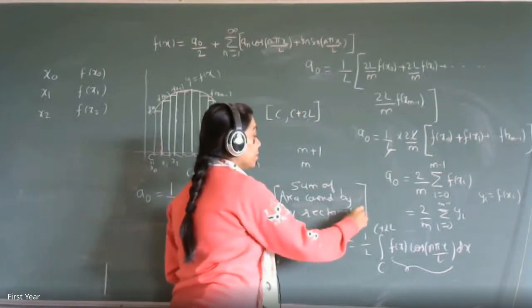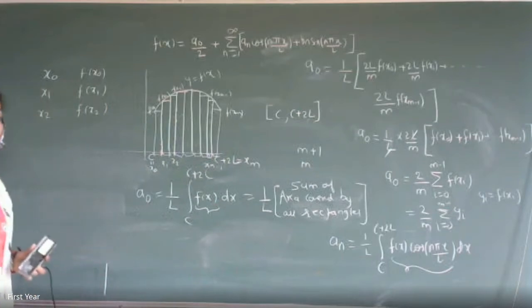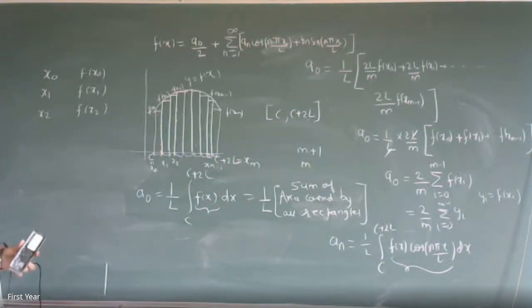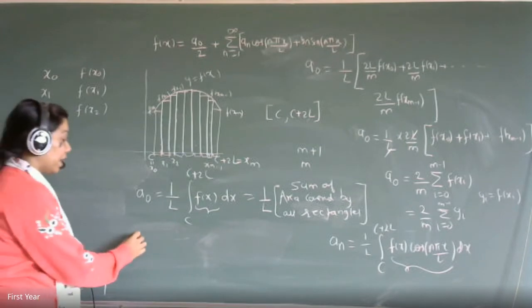Is this okay? By the above diagram, a naught is equal to 1 by l times the sum of the areas covered by all rectangles.